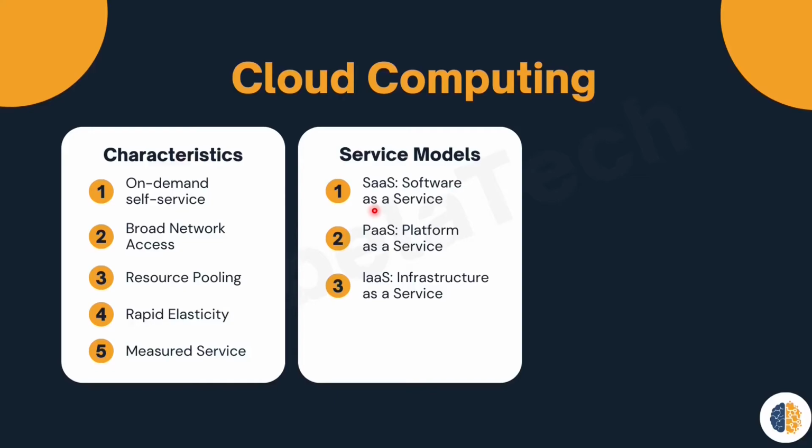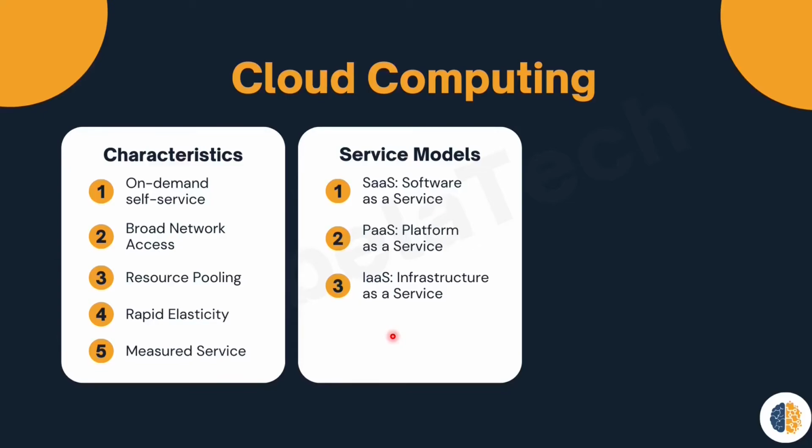For example, email service, Office 365, and other related applications. 2. PaaS, Platform as a Service. It provides a complete, flexible, and cost-effective cloud platform for developing, running, and managing applications. For example, Amazon Web Services or AWS, Cisco Broad Cloud, IBM Cloud, and others.